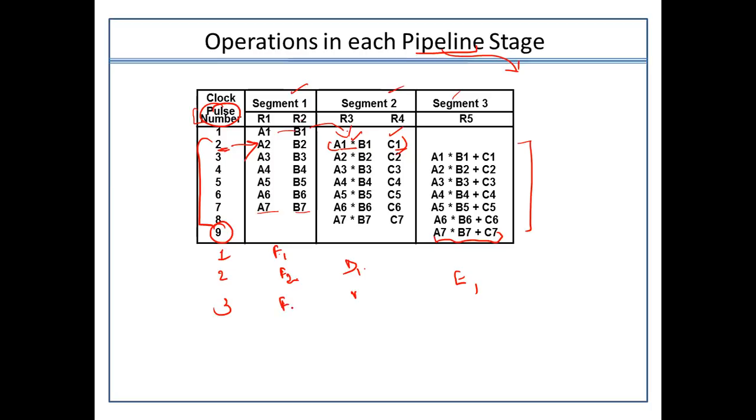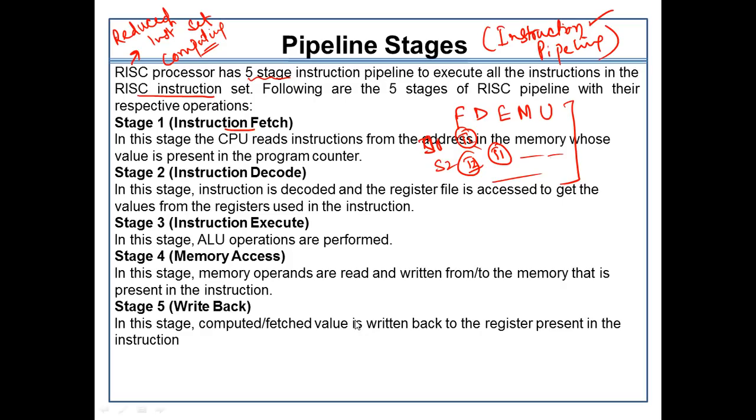Once it is done, the third instruction's fetch phase will start, and then the second decoding will start and the third decoding will start in the meanwhile. So this is exactly the number of stages there are to design the pipeline, to work with the pipeline process in the case of instruction pipelining.